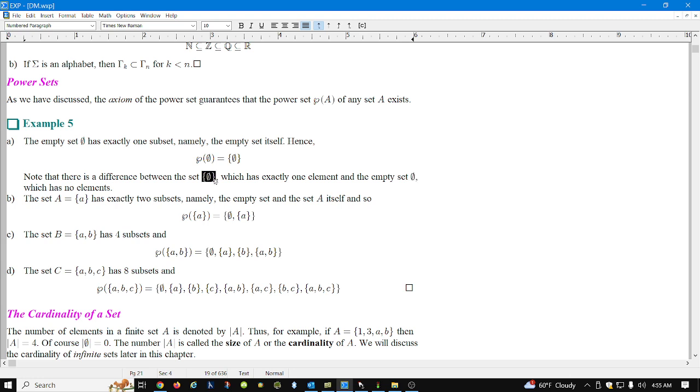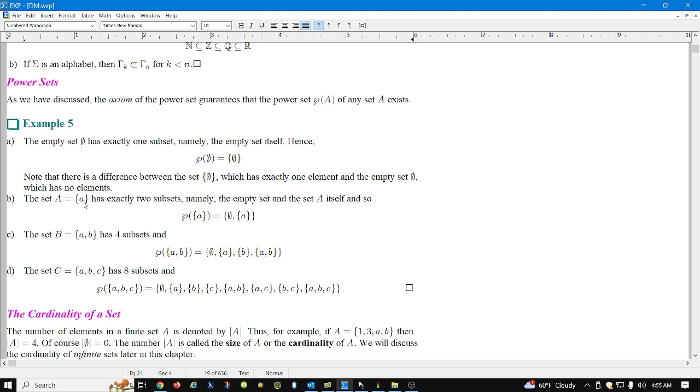This is a set that contains one element, which happens to be the empty set. So this set is not the empty set. It has one element. This is the set that contains no elements. So these are quite different things.